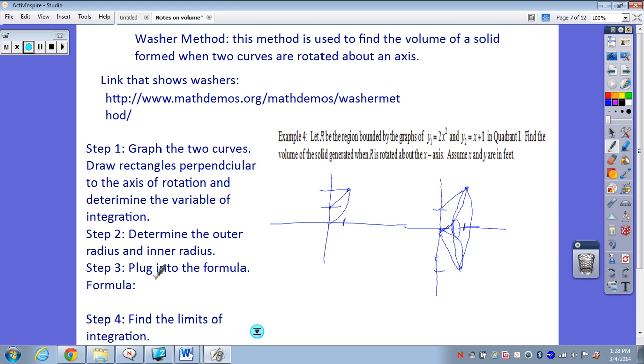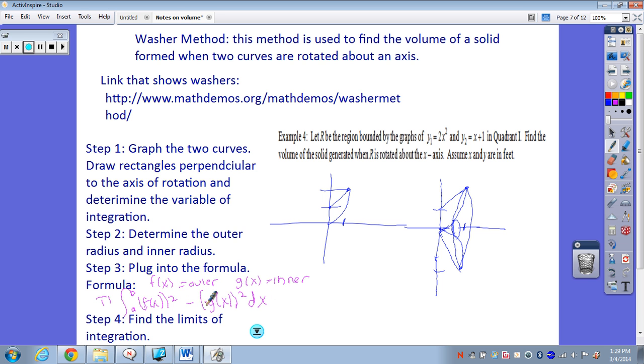So if I let f of x be my outer and g of x be my inner, the formula is pi, the integral of whatever my bounds are, of f of x squared minus g of x squared dx.